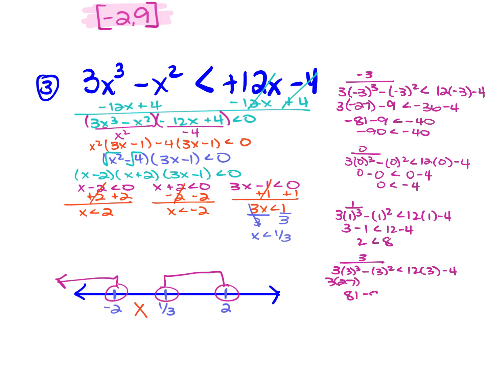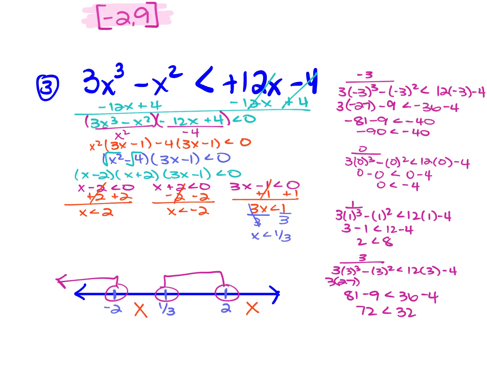The 3 squared is 9. 3 times 12 is 36 minus 4. 81 minus 9 is what? 72 is less than 36 minus 4, is 72 less than 32? No. So there should be no shading to the right of that 2.